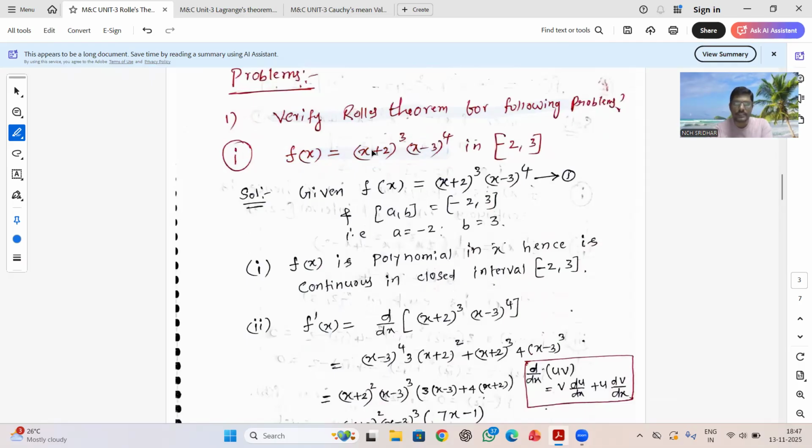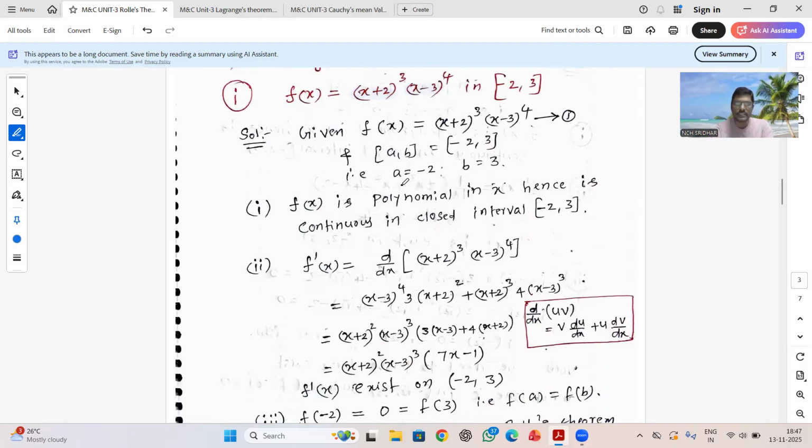What degree polynomial is this? Highest power. If we expand (x plus 2) whole cube, the highest power of x is x cube. If we expand the other one, we will get x to the power of 4. That means this is 3 plus 4, a 7th degree polynomial.